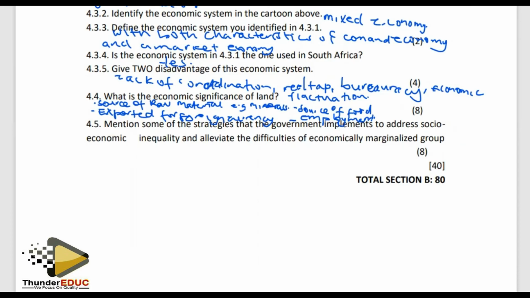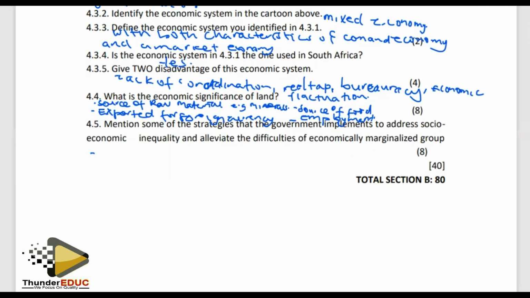Remember, we said that marginalization is when a section of the population has been sidelined or unseen, not considered as part of getting resources of the state, or is left out in development programs and not taken up in what we call the commercial economy.